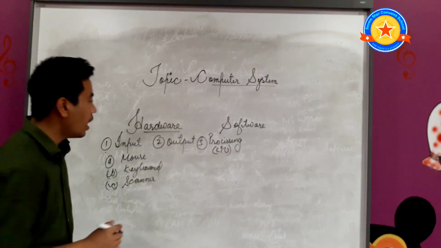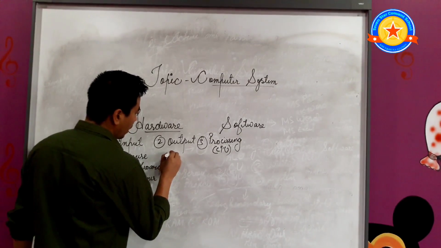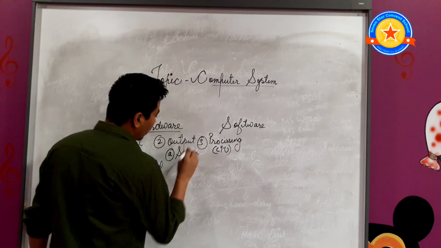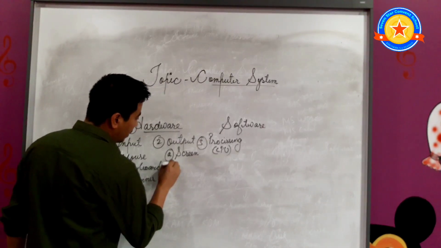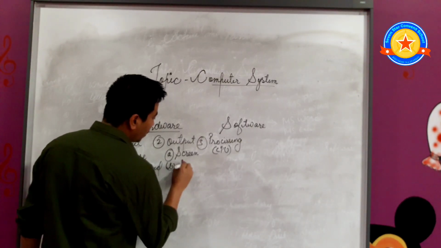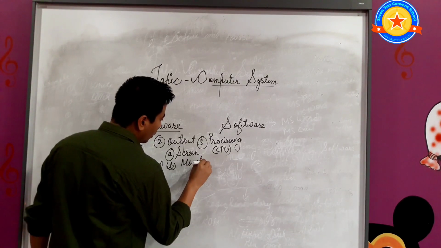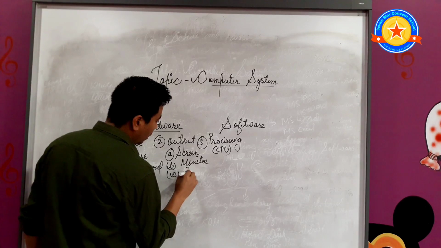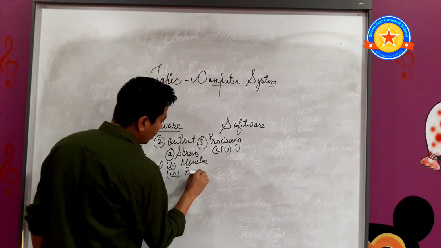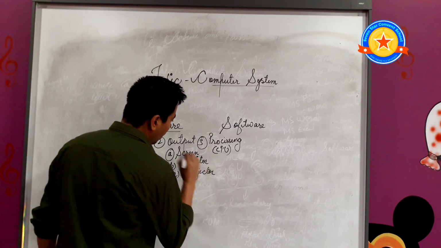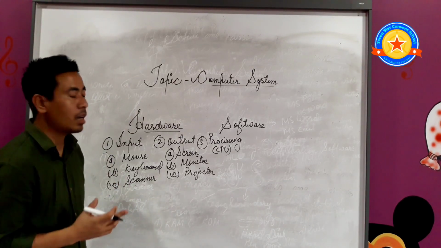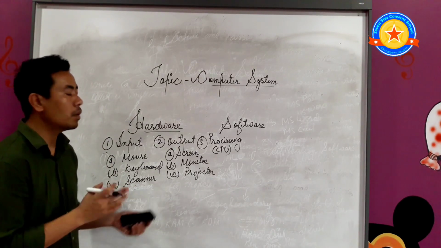Output devices are: A, screen; B, monitor; C, projector. The device that gives the result is known as the output device.